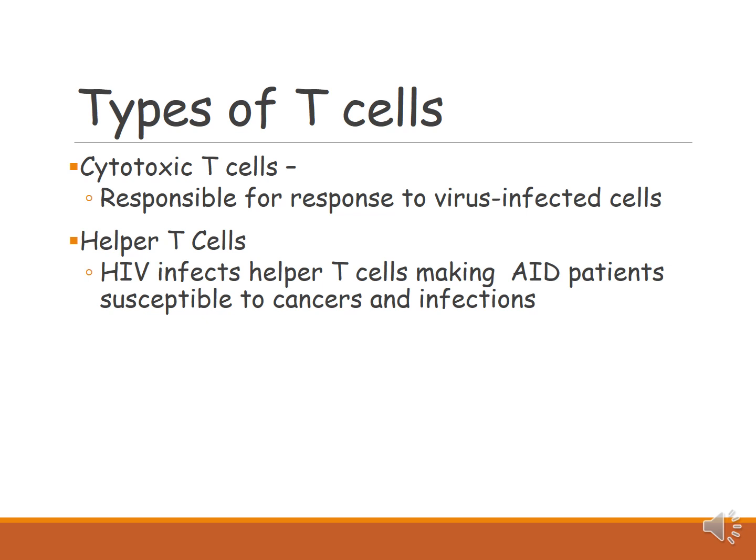So you don't, in theory, die of being infected by the virus. You die because you have a very decreased number of these generals of the immune system. That makes you very susceptible to certain types of cancers and even infections that are not seen in healthy individuals. We'll get to this a little bit later on.